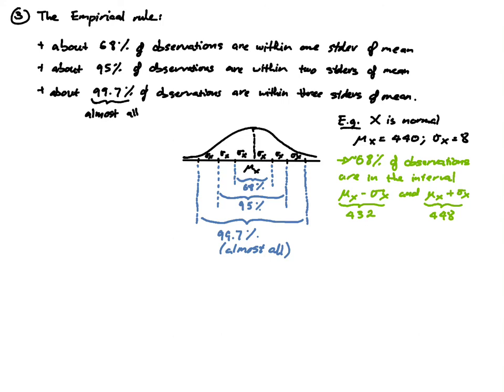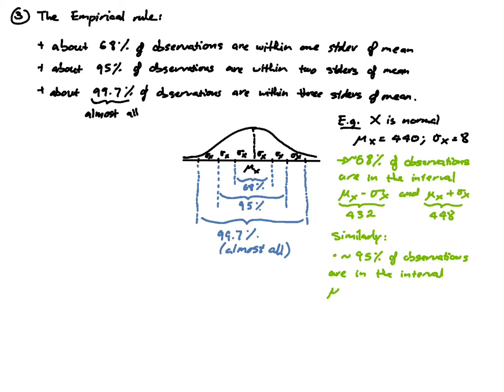Similarly, about 95% of the observations are in the interval two standard deviations away from the mean, right?